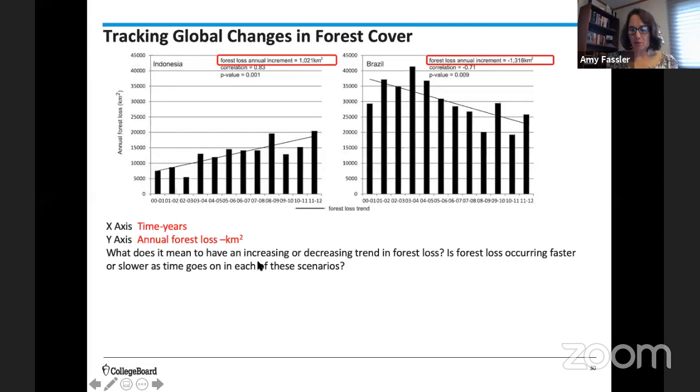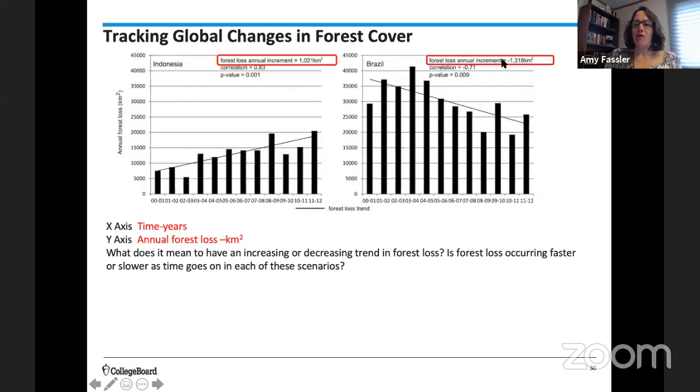Now let's do an interpretation. What does this mean to have an increasing or a decreasing trend in forest loss? Is forest loss occurring faster or slower as time goes on in each of these scenarios? So in Indonesia, every year, I'm losing 1,021 square kilometers of forest land.